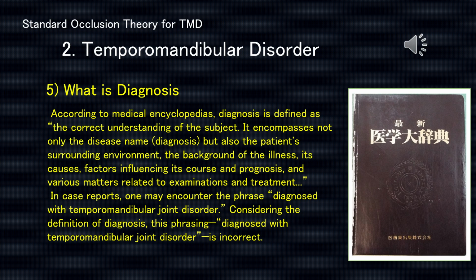5. What is diagnosis? According to medical encyclopedias, diagnosis is defined as the correct understanding of the subject. It encompasses not only the disease name diagnosis but also the patient's surrounding environment, the background of the illness, its causes, factors influencing its course and prognosis, and various matters related to examinations and treatment.